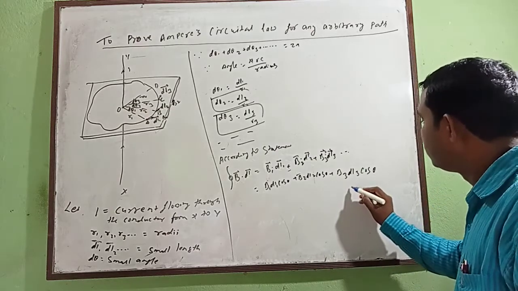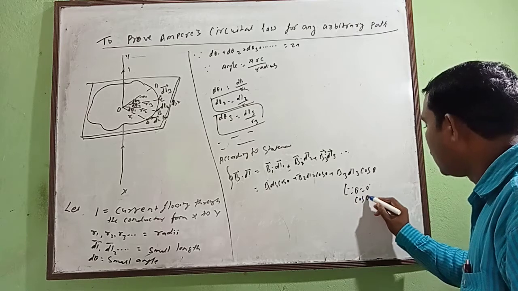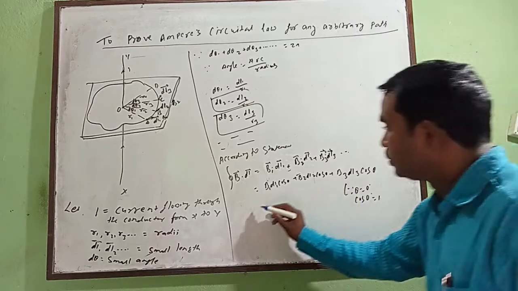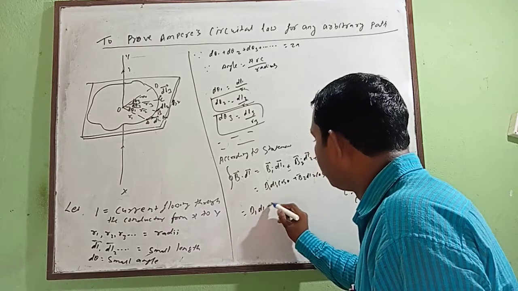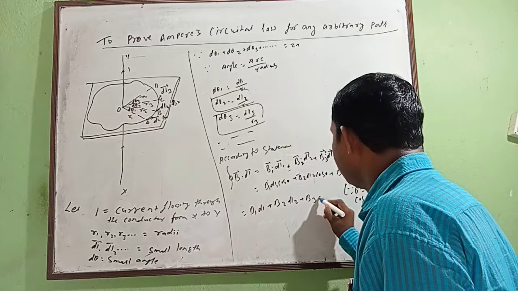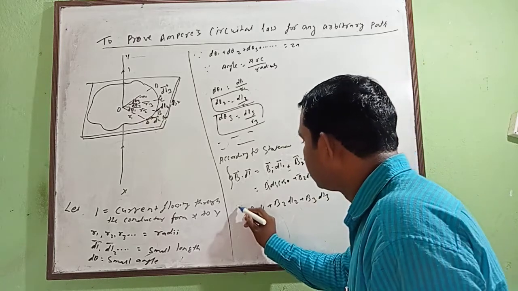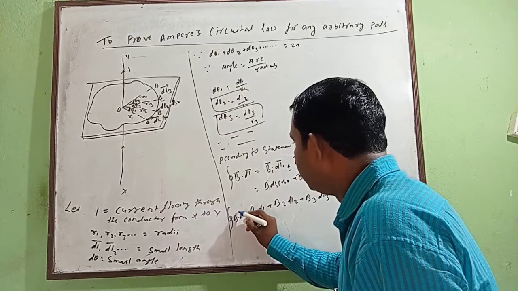But what is the angle between them? Since theta is equal to 0 degrees, and you know that cos 0 is equal to 1, so you will write here B1 dl1 plus B2 dl2 plus B3 dl3, and this is the closed integral of B dot dl.